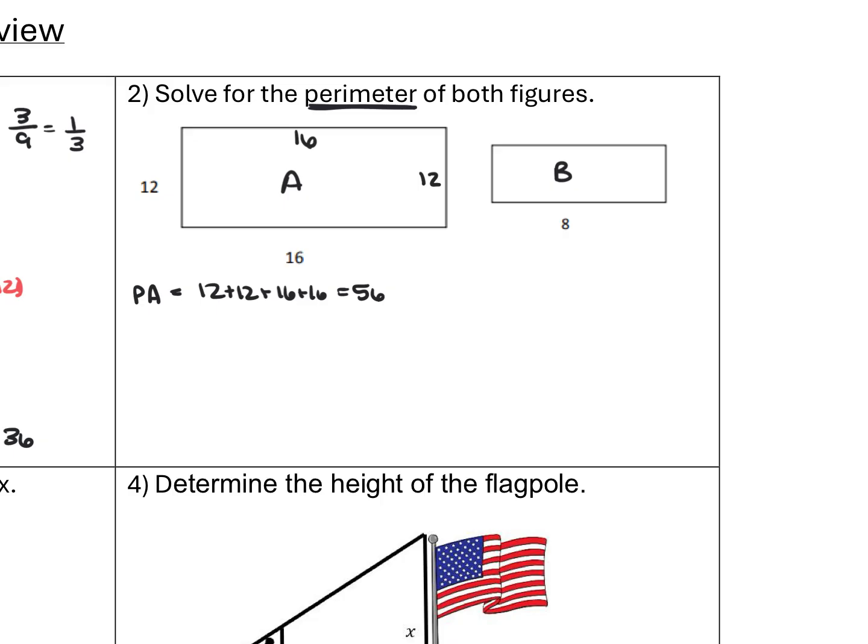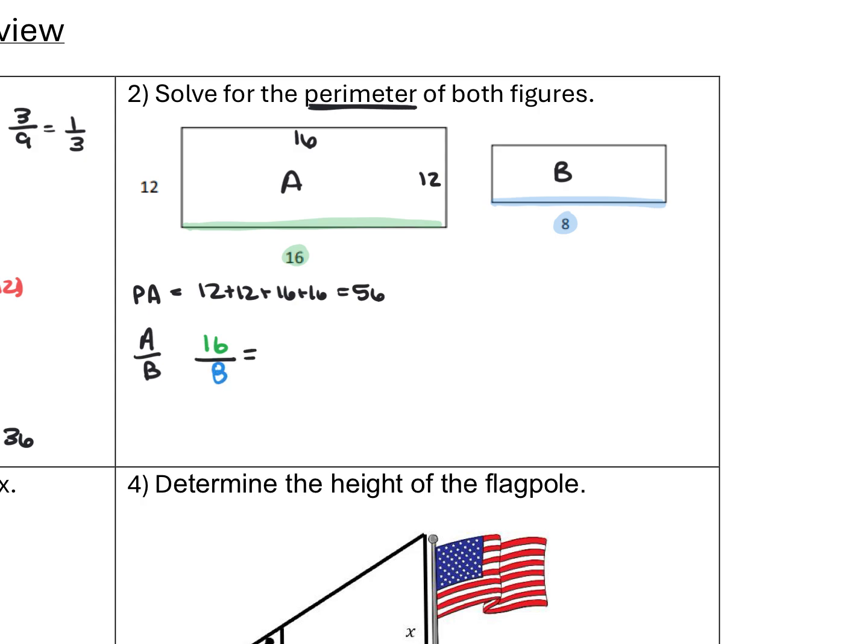And then I need to use corresponding sides. So let's see, they gave me the long one. So I need to find the long one on A. So my ratio, remember my ratio is always A to B, is going to be 16, that's A, and then B is 8.